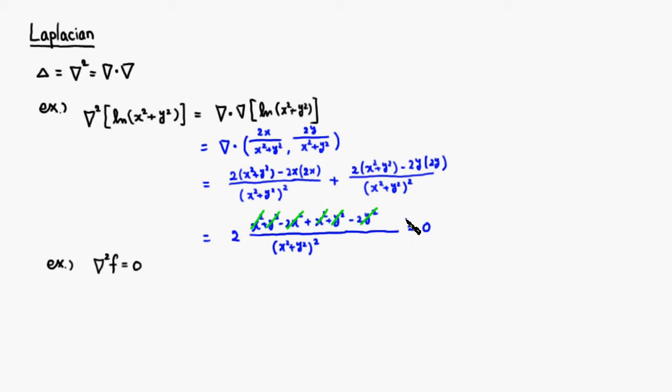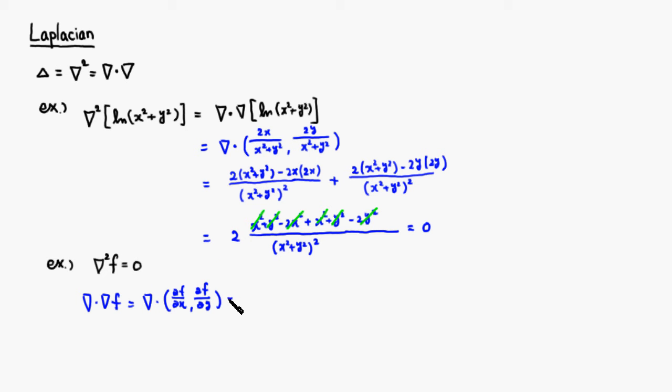Another note: when the Laplacian is equal to 0, what does that mean? In a general case, let's look at the Laplacian of f. The gradient would be the partial of f with respect to x, comma, the partial of f with respect to y. Let's just do two variables, it's easier.